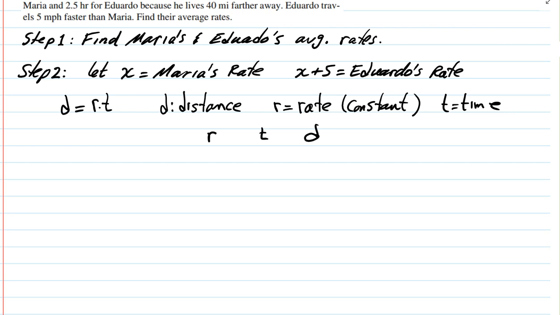So I'm going to put Maria, and then I'm going to put Eduardo in the next line. That's information about the two of them. Okay, so we let x be the average rate or speed that Maria is traveling, and we mentioned Eduardo's is x plus 5.